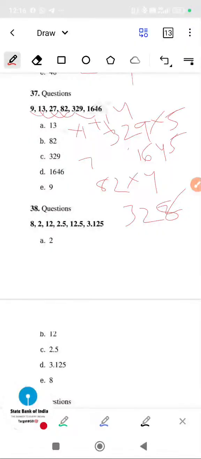It is multiplied by 2 plus 1, so it must be multiplied by 1 plus 1, which will be 9, 1 times 9. Let me see once again, let's clearly see this one.